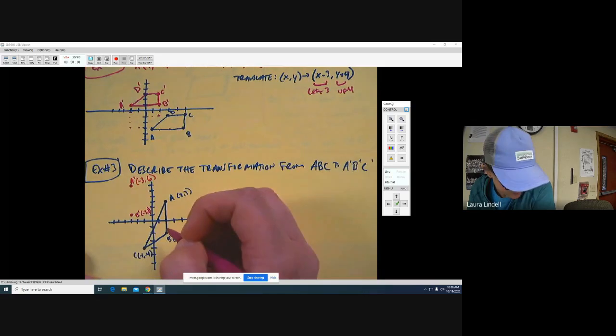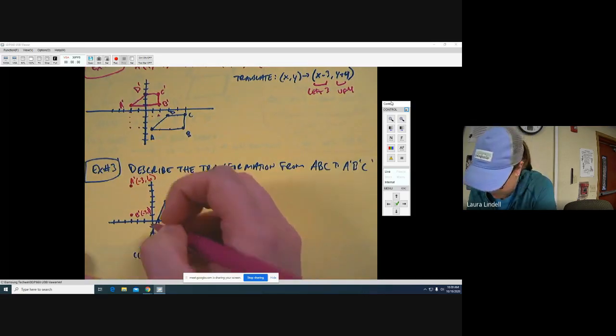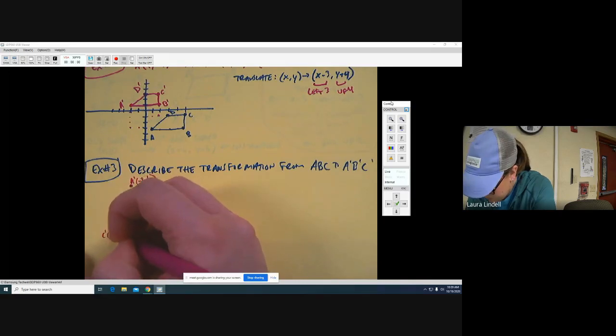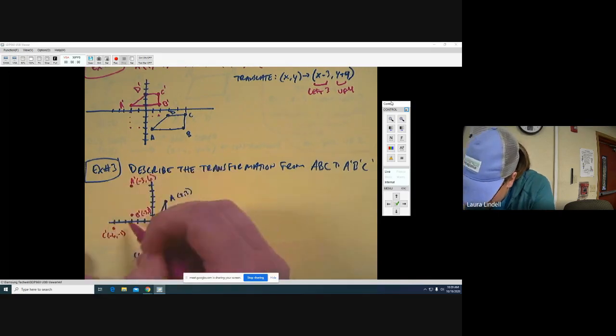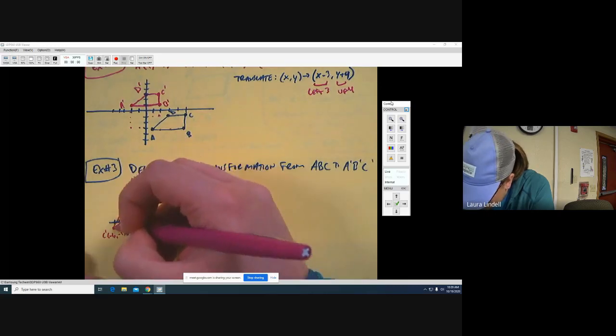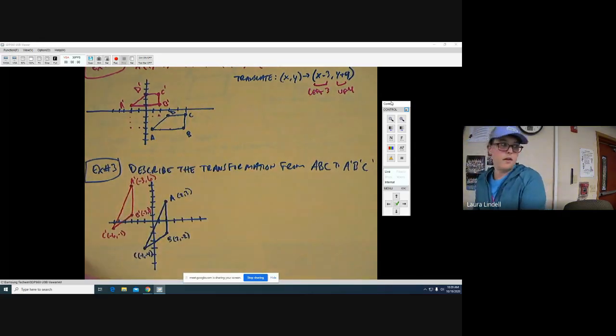And C is going to be -6, -1. Give everyone a moment to draw that.